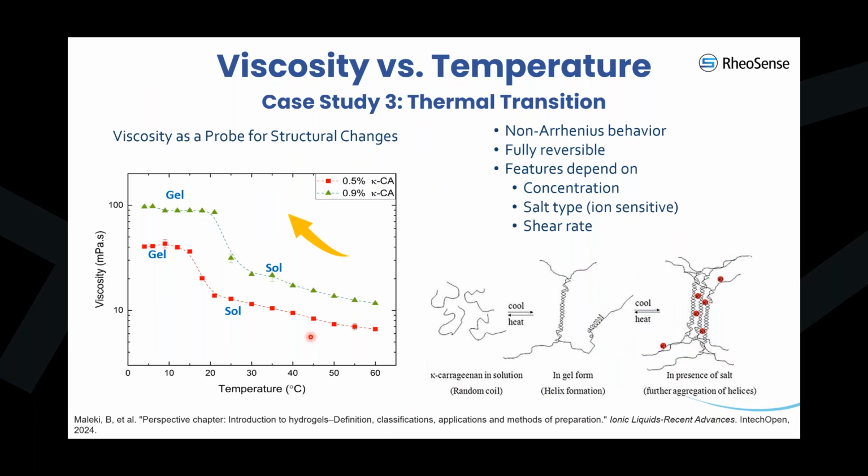As the temperature decreases, the molecules begin to undergo a coil to helix transition, eventually leading to the formation of a gel network. This transition is marked by a sharp increase in viscosity as the material shifts from a flowing liquid to a gel.